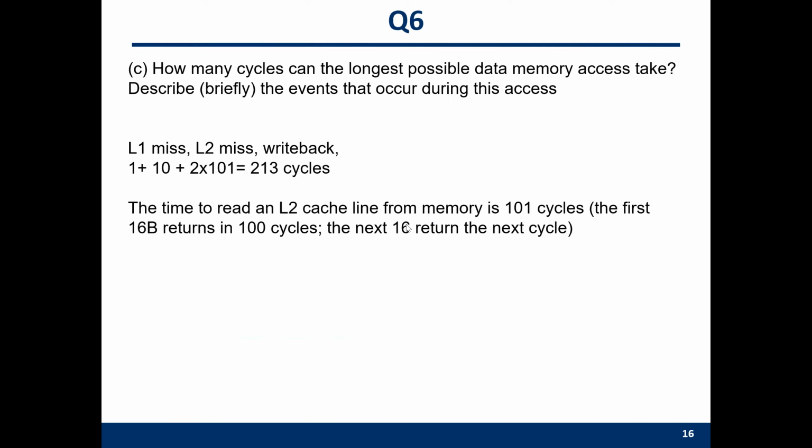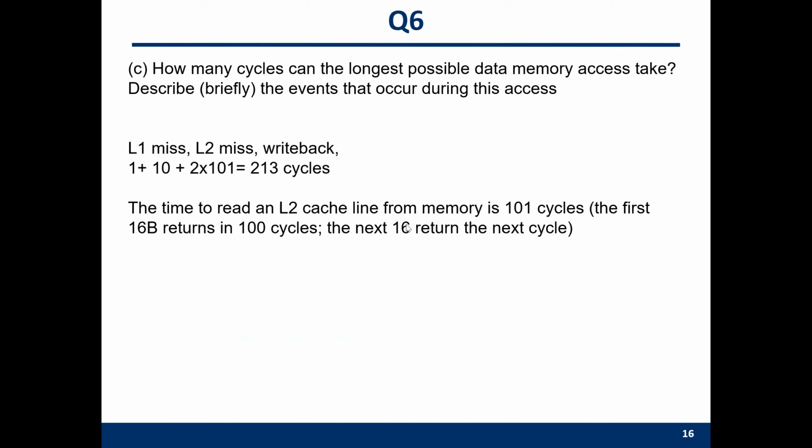Because you need to invoke the replacement policy and do the write back. Your data is dirty, you modified that piece of data, and you will evict it in the L2, so you need to write back the data.